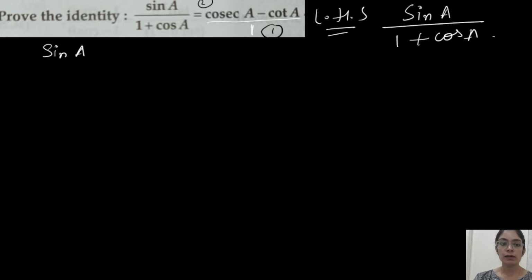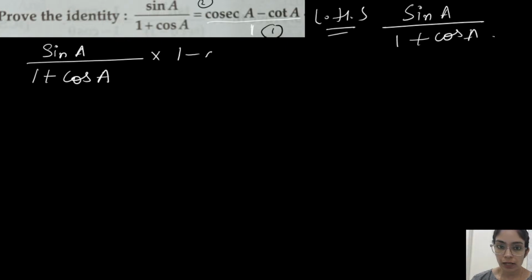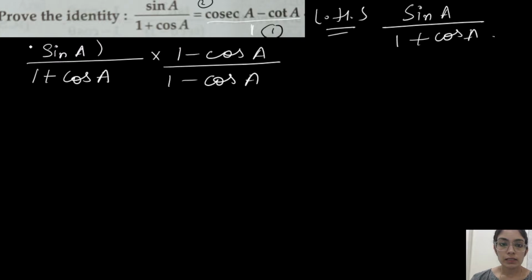So the rationalizing factor is 1 minus cos A, and numerator gets multiplied with numerator and denominator with denominator.